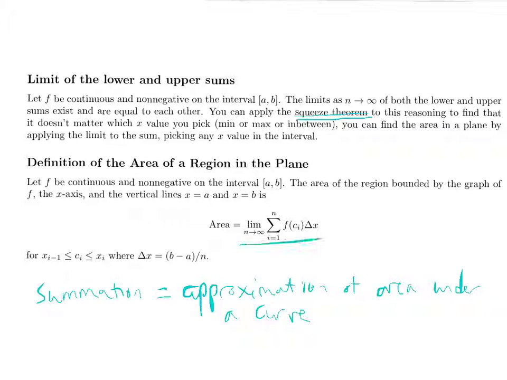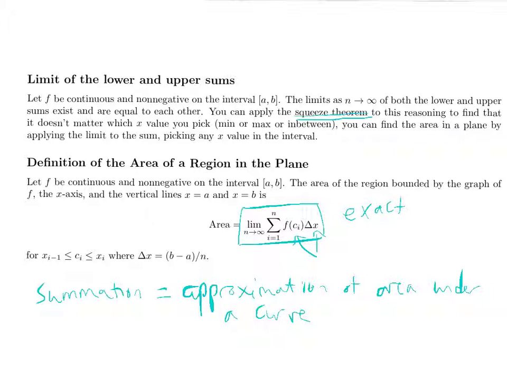By definition, we say that the exact area underneath the curve is equal to the limit as n approaches infinity of the sum from i equals 1 to n of f of c i times delta x, where c i is any number within your intervals bounded by delta x.